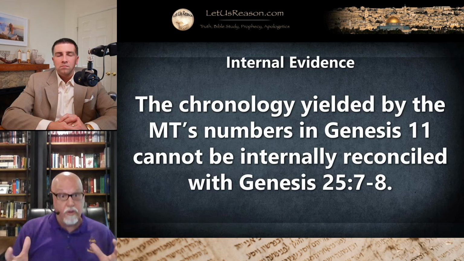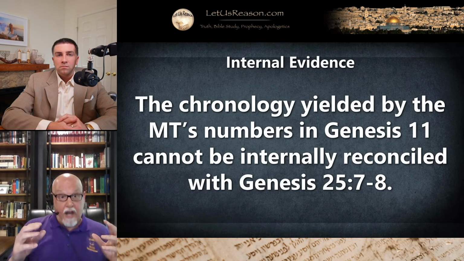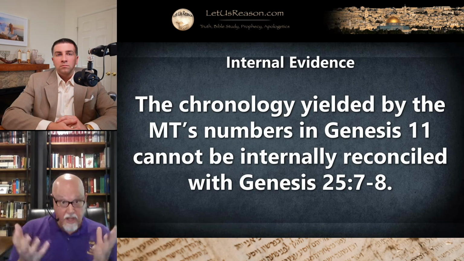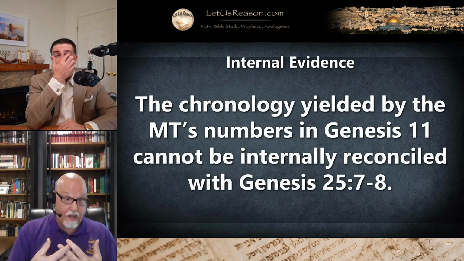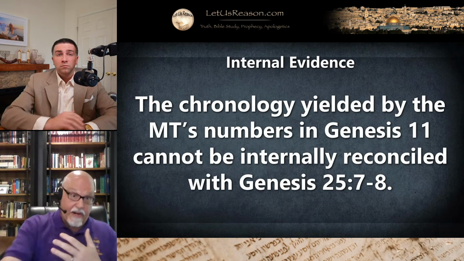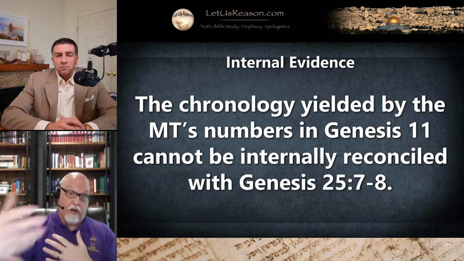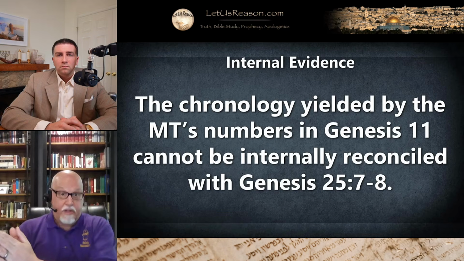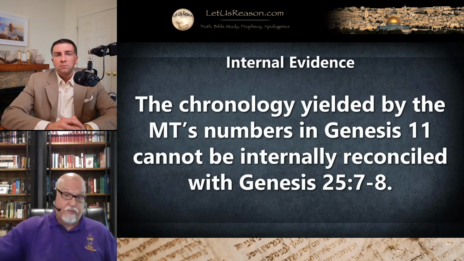And if we have a high view of the Bible, that God is speaking and the Bible is internally coherent because it's God's speech and it can't contradict itself, then the Masoretic text is contradictory here. And this points us in the direction of there's something wrong with the chronology in the Masoretic text in Genesis 11.